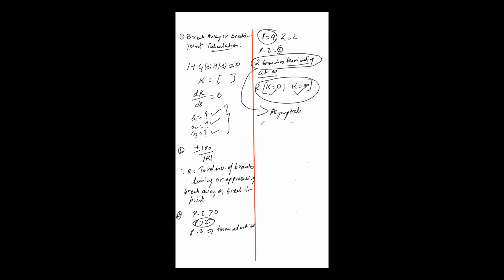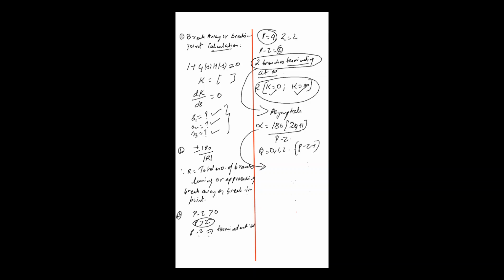That asymptote we can calculate by alpha, or angle of asymptote, that is equal to 180 into 2q plus 1 divided by p minus z. Here q will be ranging from 0, 1, 2 to p minus z minus 1. This is the formula for calculating alpha. Now if you are drawing an angle, that is an asymptote, then you certainly need a point of reference from which you can draw these angles.